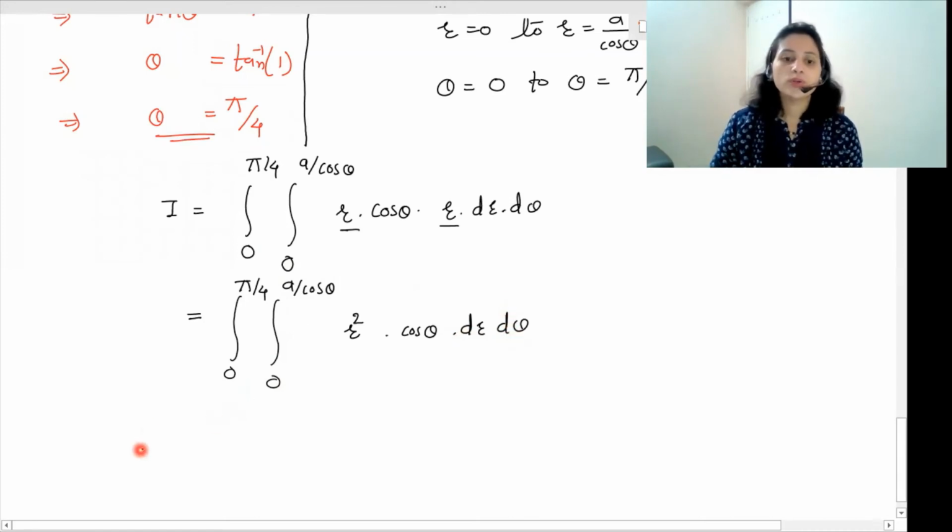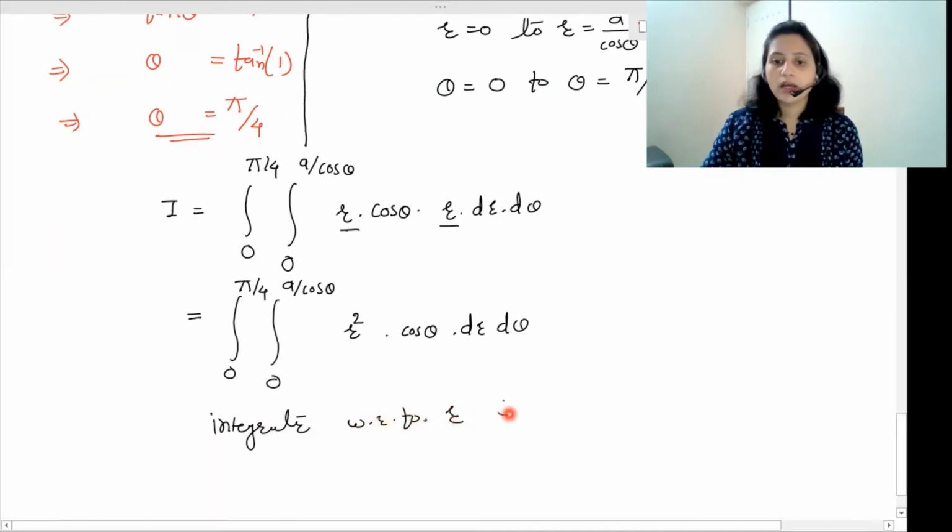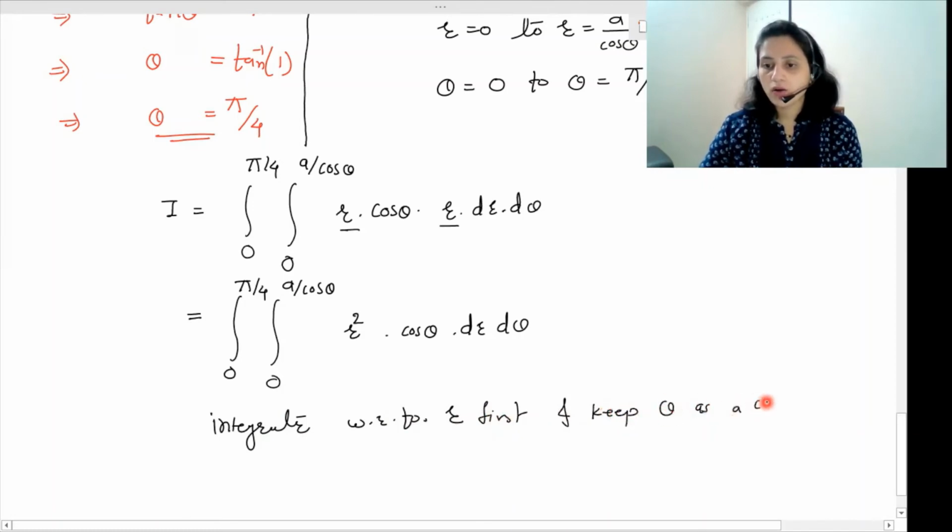So let me mention that: integrate with respect to r first, and keep theta as a constant.